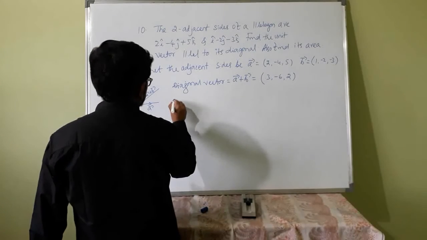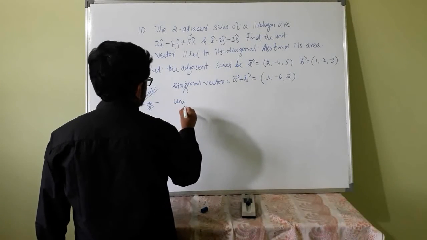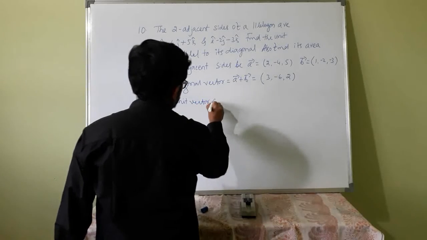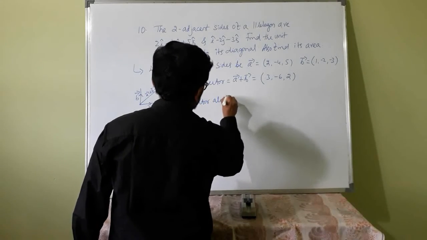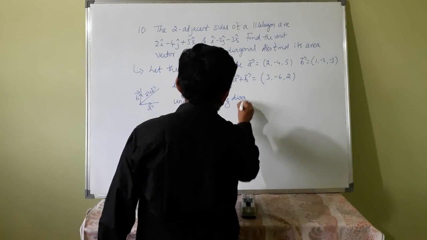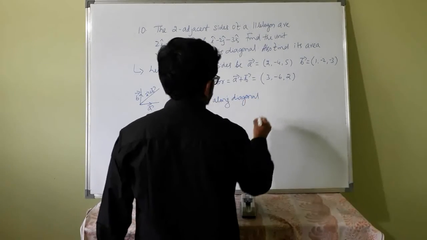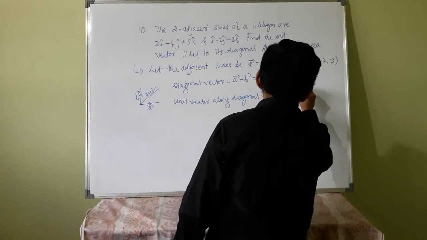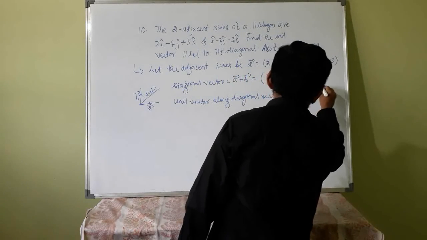Unit vector in the direction of diagonal vector is equal to 3, minus 6 and 2, divided by its magnitude.